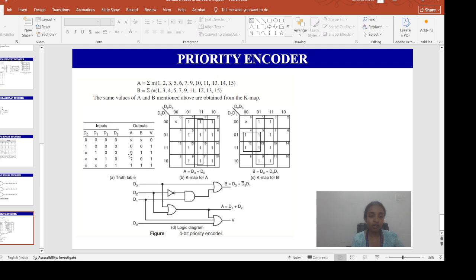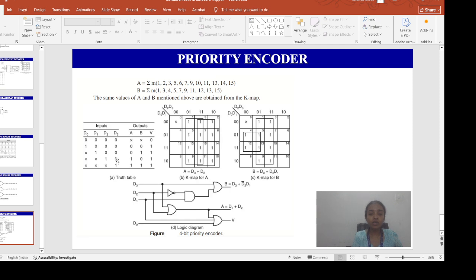When V is 1, then only this encoder is in enabled condition. When the D0 input is active, the output will be 0, 0. Then when the D1 input is active, the output will be 0, 1. In this condition, D0 is don't care; D0 can be either 0 or 1. When the D1 input is 1, the output will be 0, 1.